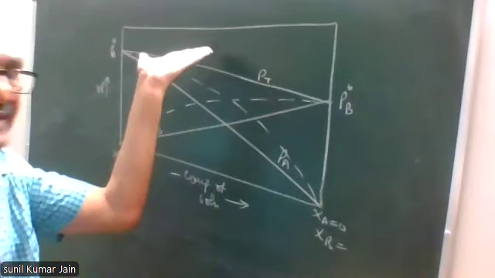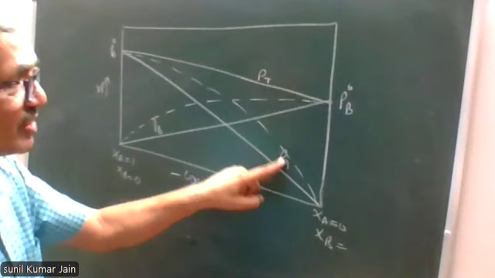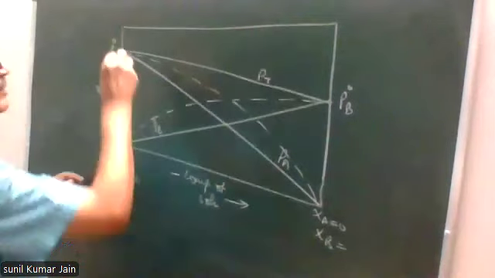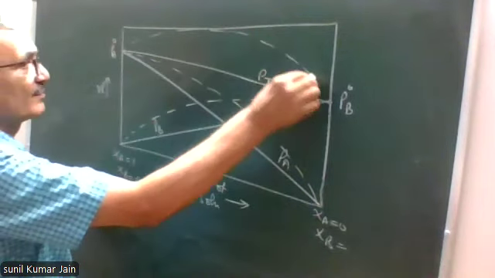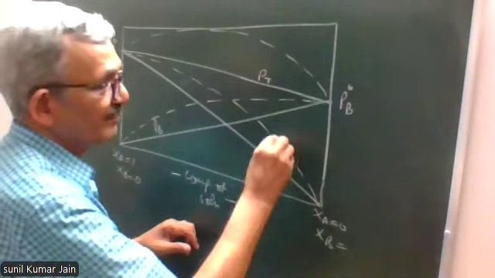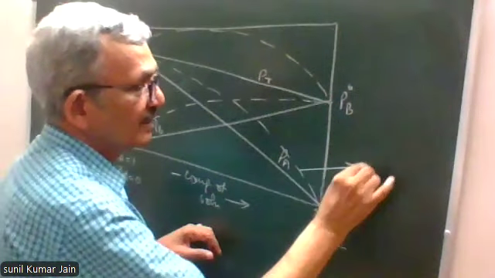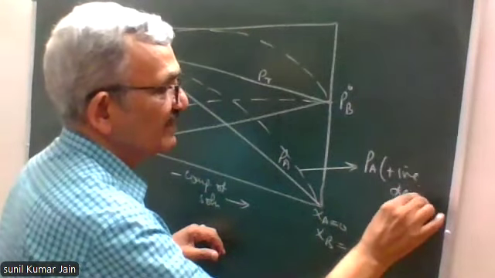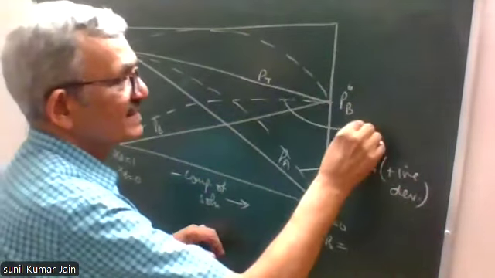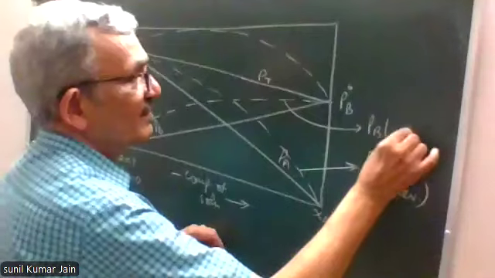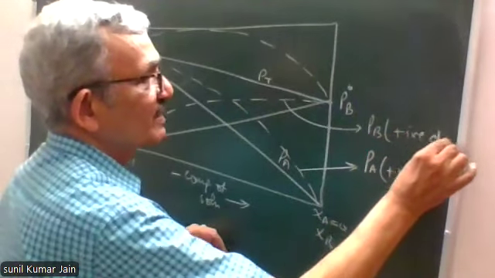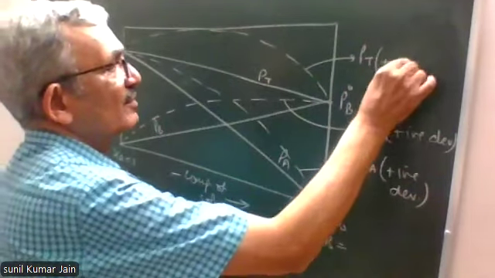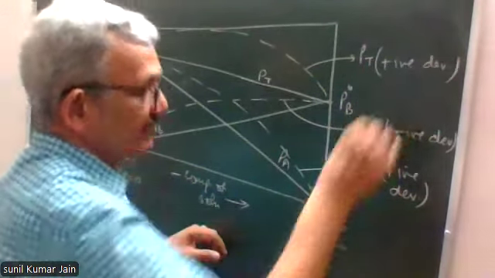This is again on the higher side. This is partial vapor pressure of A when there is positive deviation. Sum of these two will be this. So this will be PA within brackets positive deviation. This is PB within brackets positive deviation. And this is P total within brackets positive deviation.